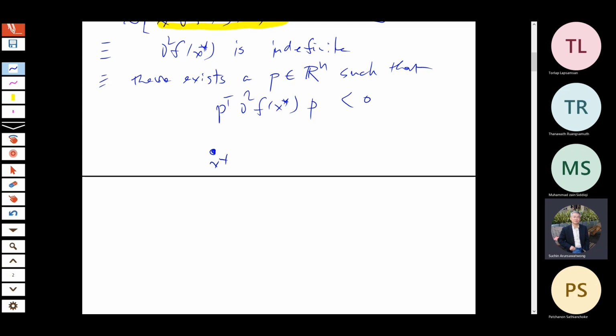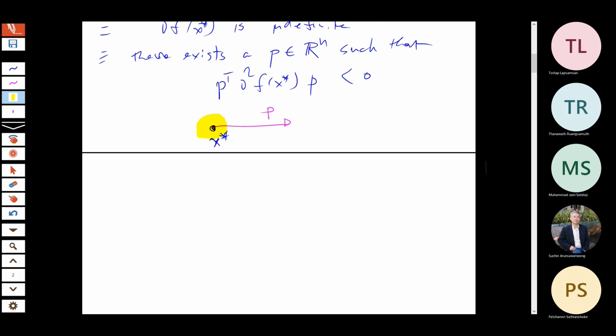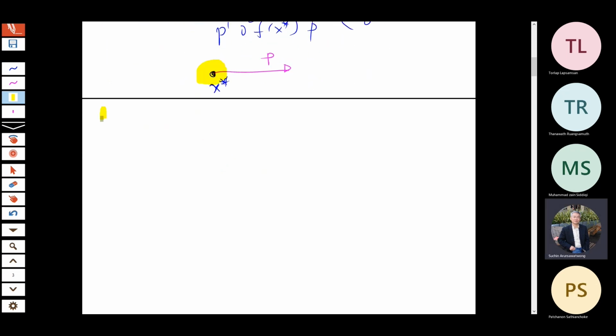This is the point x, and this is the vector p. Then we consider the Taylor's expansion of this.